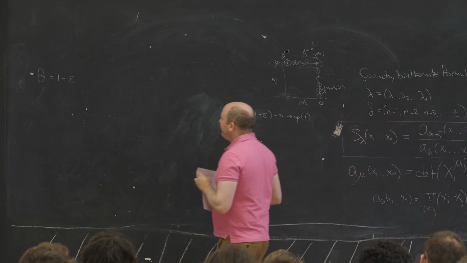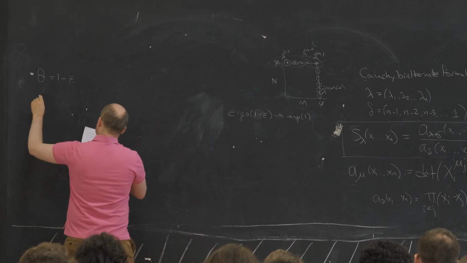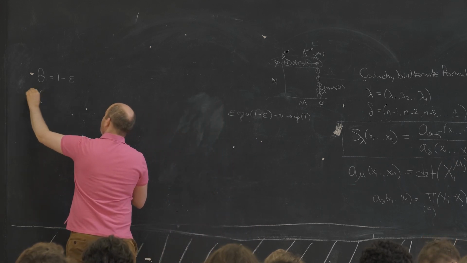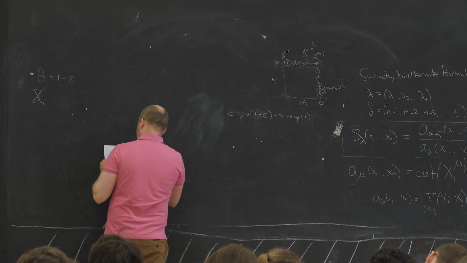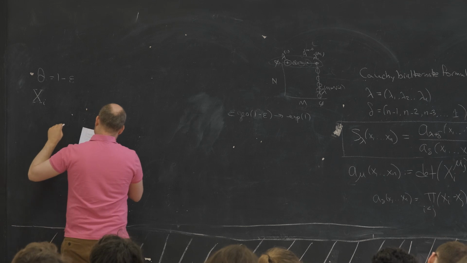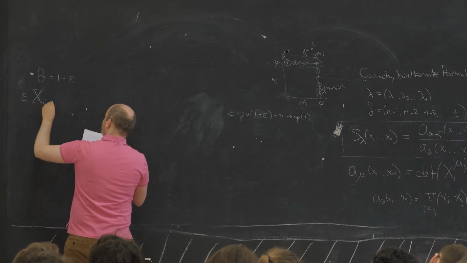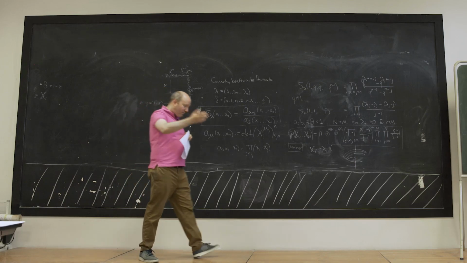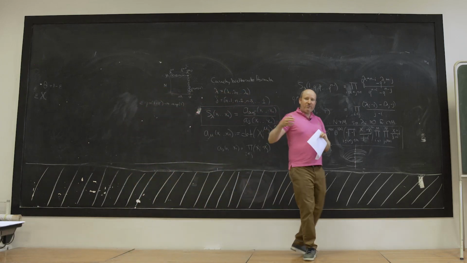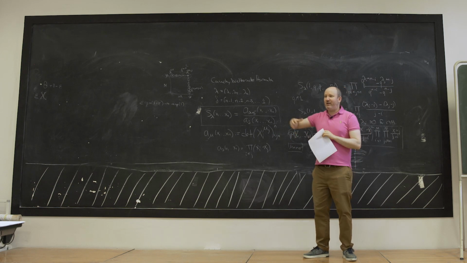So with that in mind, if I look at my xi's, at least x1 has something to do with the last passage time. So I expect that the last passage time is going to diverge like epsilon inverse because the weights are diverging like that.